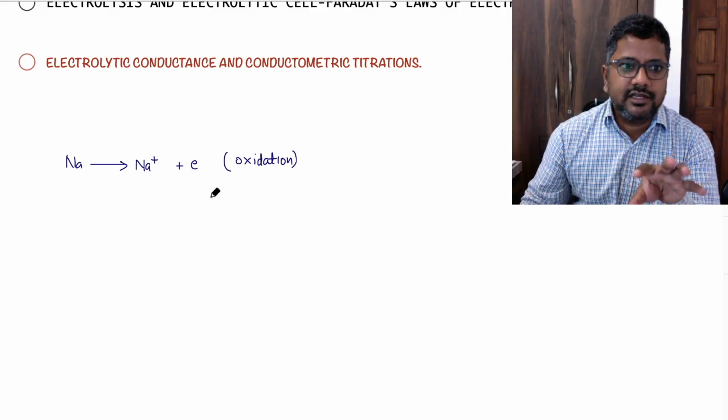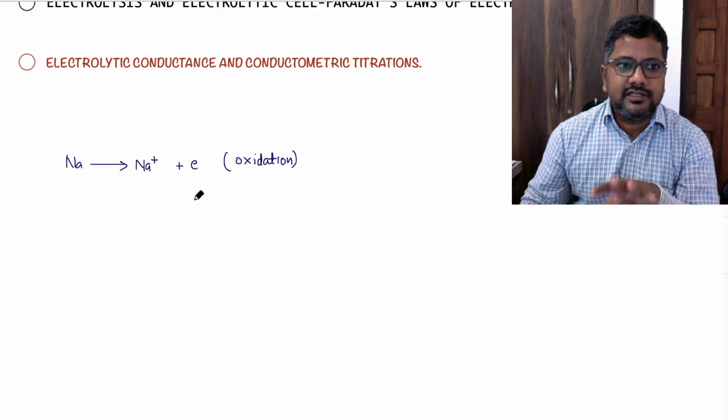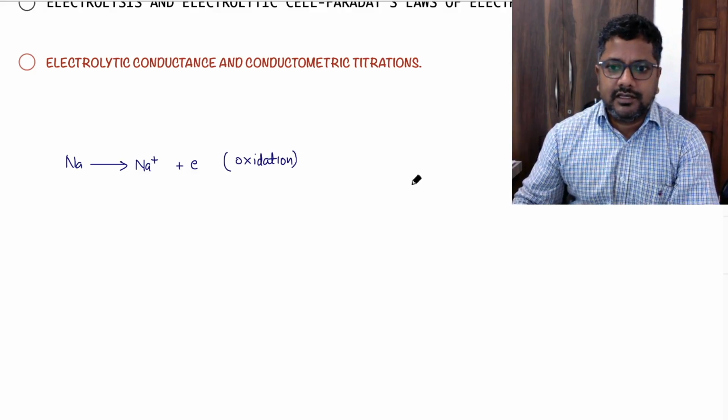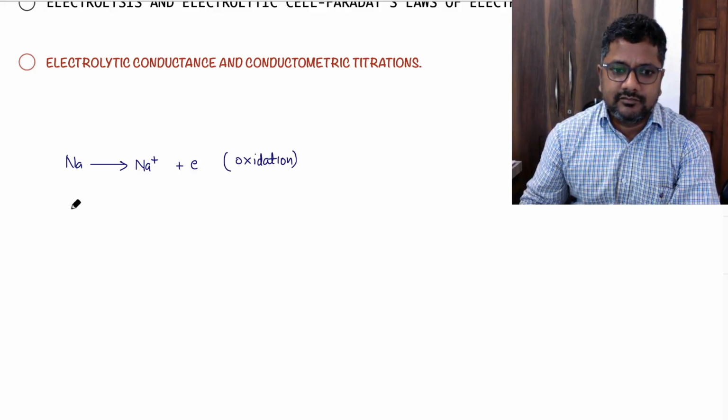So oxidation reactions are those reactions in which there is a loss of electron. Similarly, if you take some other reaction like Cl- gives half Cl2 plus electron, this is also an oxidation reaction.